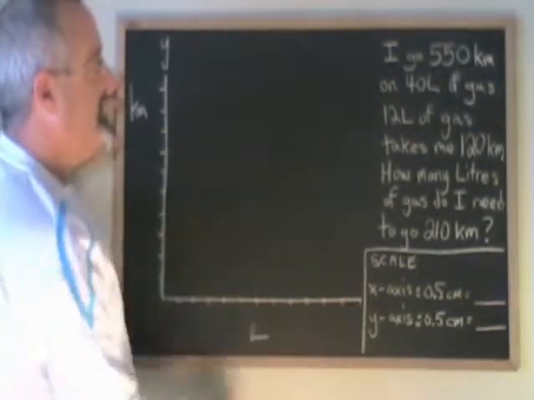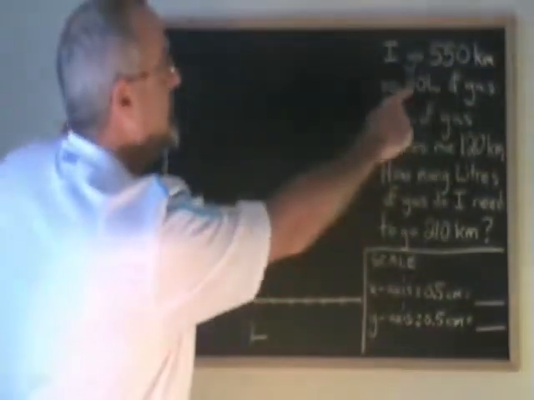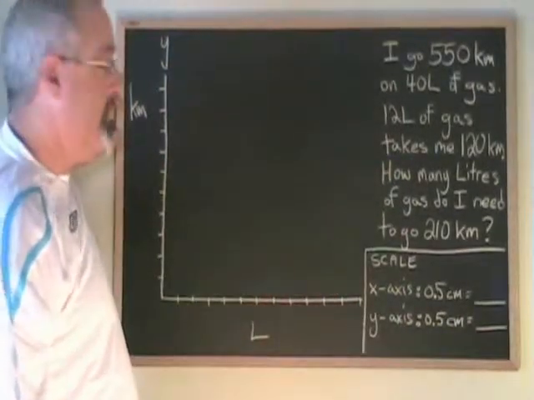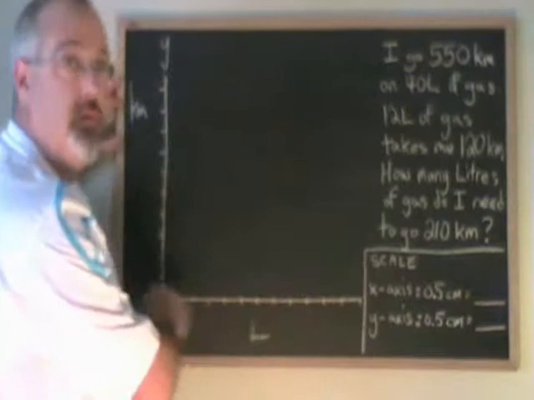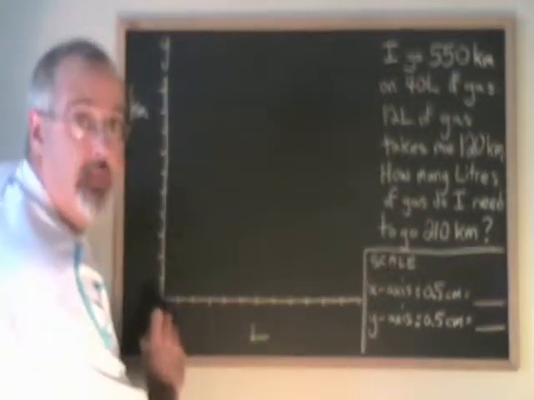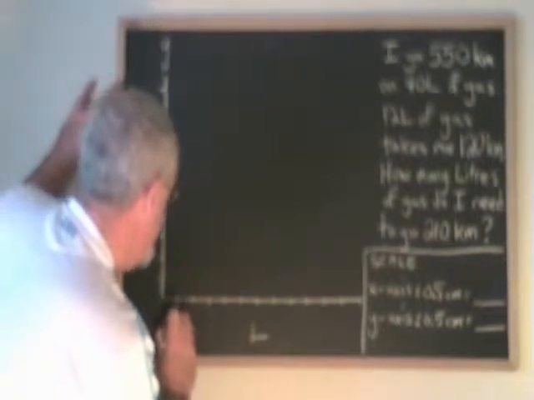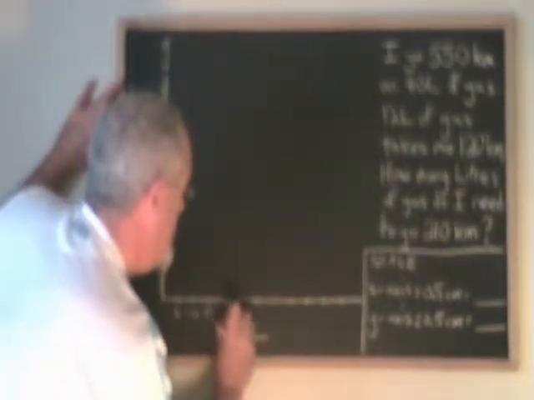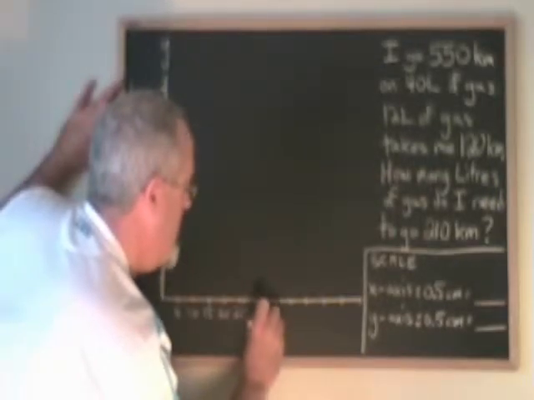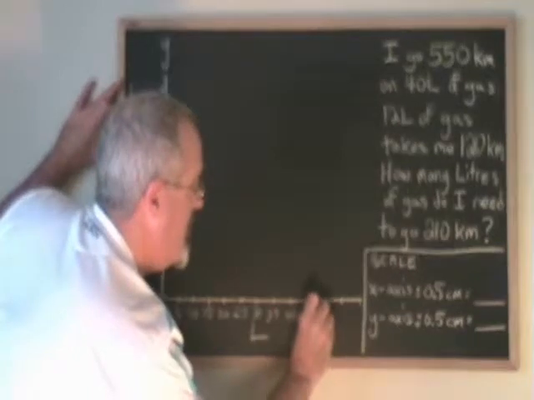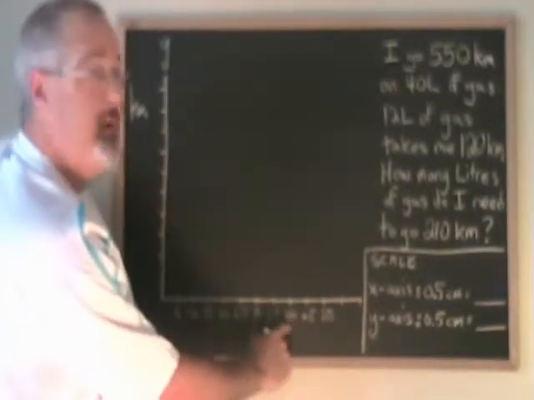Looking at the x-axis, I have 40 liters and 12 liters. The biggest number is 40. I have to make sure that 40 is going to fit on this axis. If I make each square on my graph paper equal to 5, 40 will be right here.